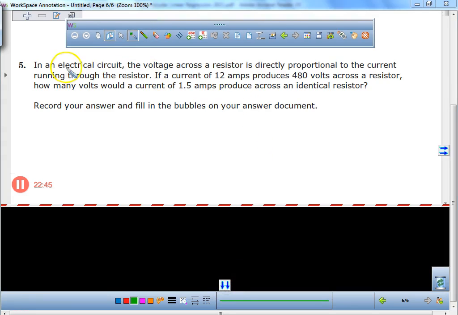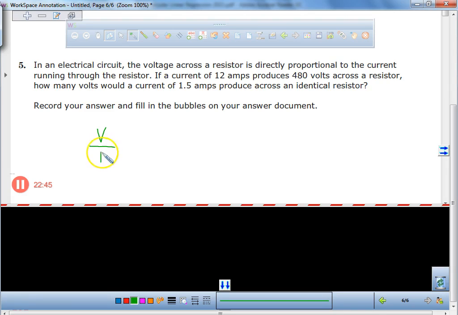But it says, in an electrical circuit, the voltage across the resistor is directly proportional to the current. Voltage across the resistor. So I'm going to put voltage over current. All right, okay, resistor. So I'm going to put voltage over the resistor is equal to the current.